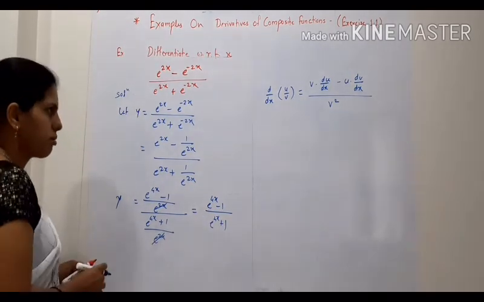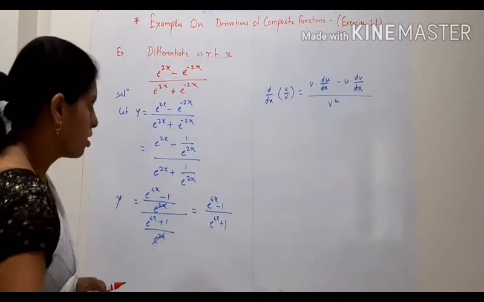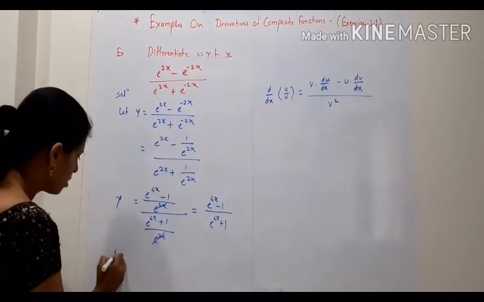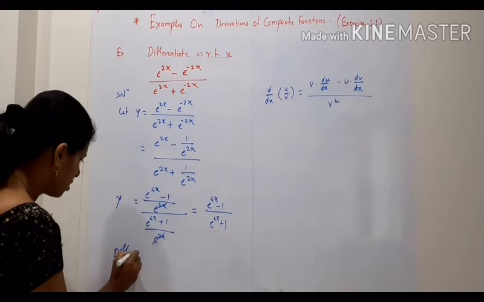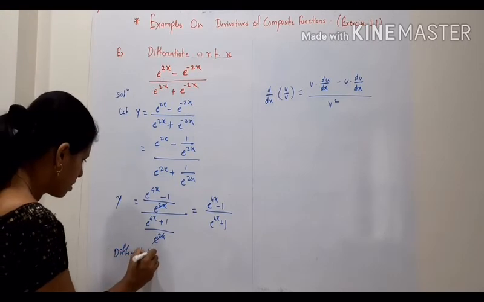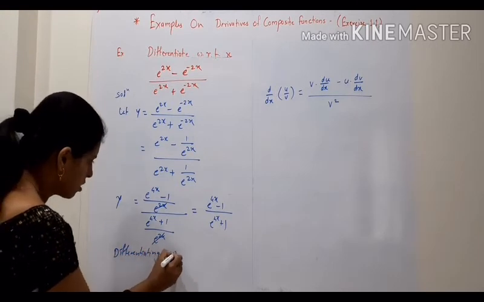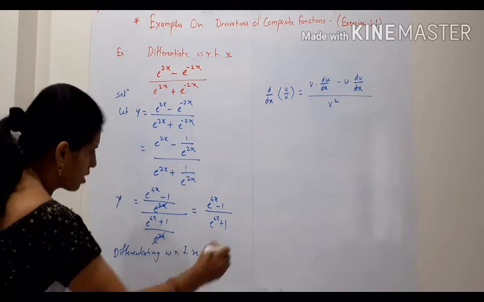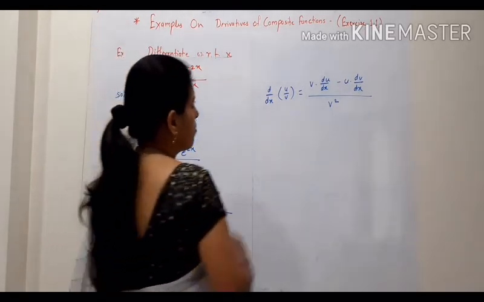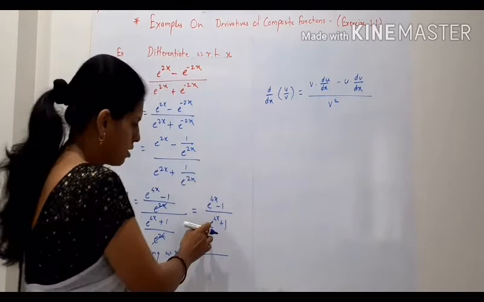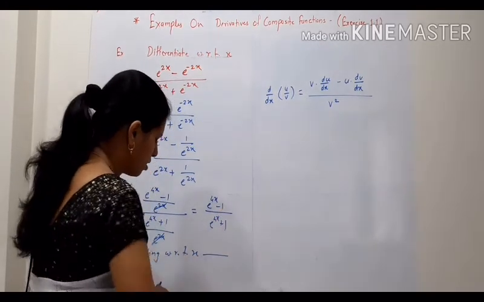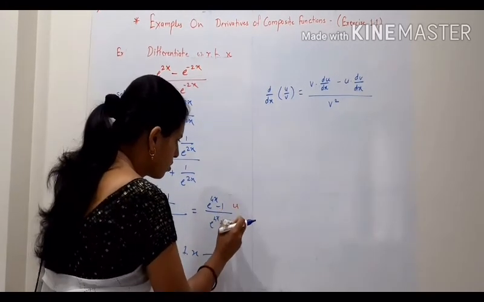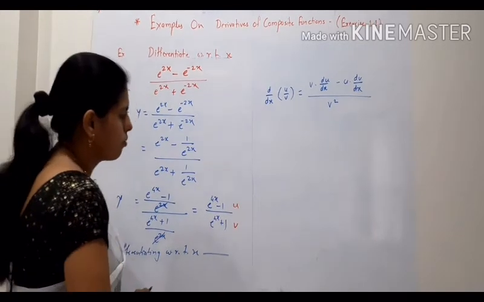Now differentiating with respect to x by this rule, we get, with u and v, this numerator is u, the denominator is v.